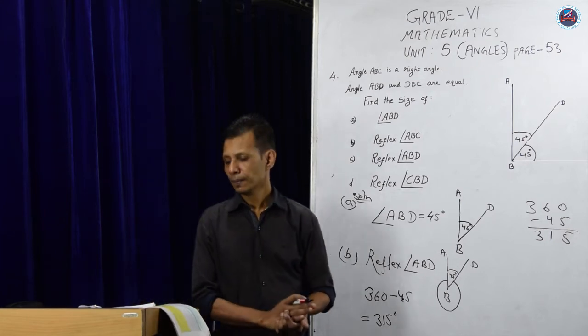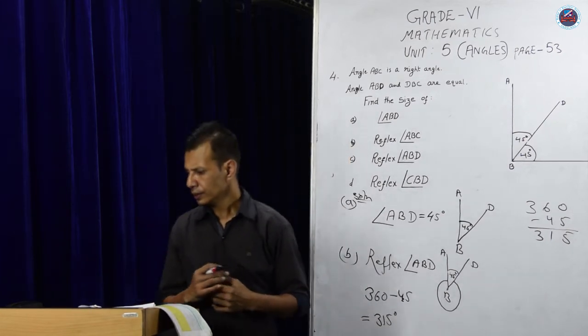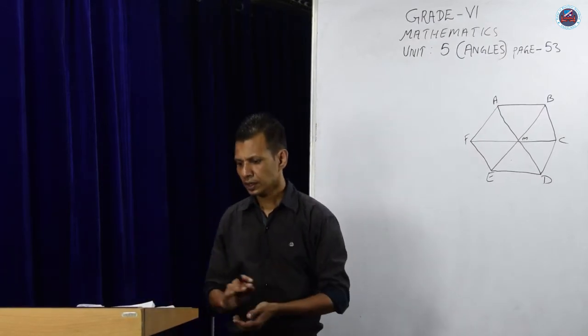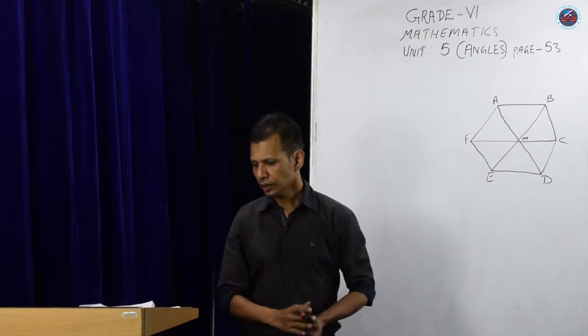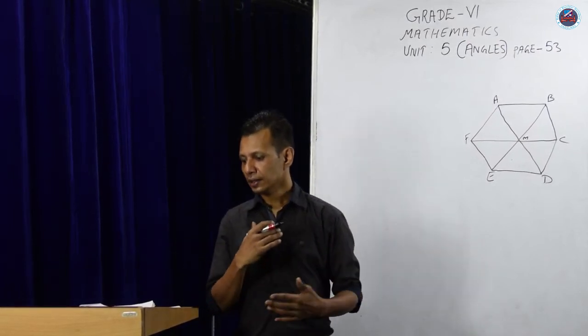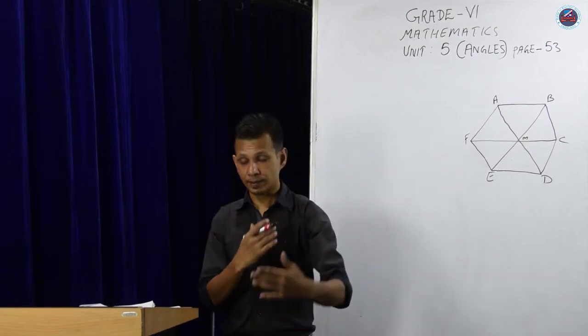Well, I would like to solve question number 5. Well, children, now let's go to question number 5. Please check your question. It says, every angle in each of the triangles in this diagram is 60 degrees. One more time, I'll repeat.